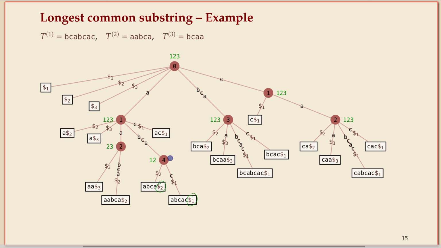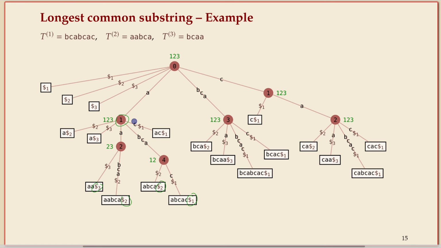So you have a leaf for text 1 and text 2 below this node, but none for text 3. And you do this for all the nodes. Here you have something from 3 and 2, so that's why there's 2 and 3. If you go to this node, you take the union of these, and you don't even need the other leaves to see that there's something from all 3 strings below it. So that means the path from the root to this node occurs in all 3 strings.